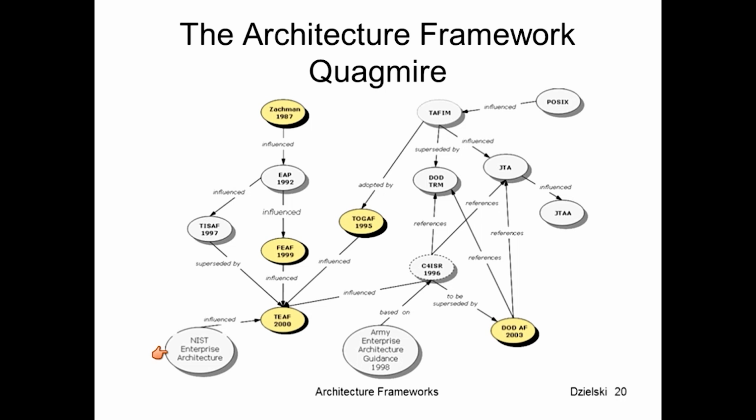From there, also influencing was the NIST Enterprise Architecture, which tied in influencing there. Also, POSIX was out here on the far right as an outlier there, influencing the development of TAFM.